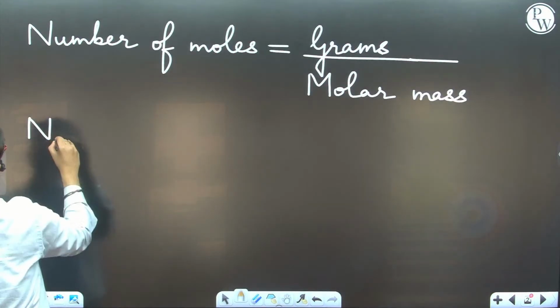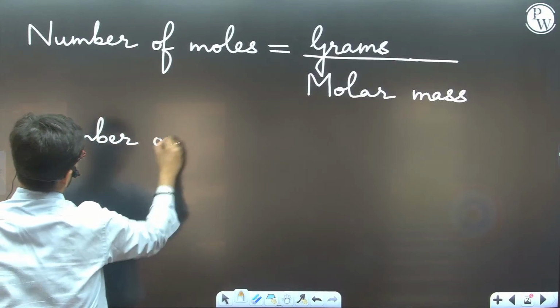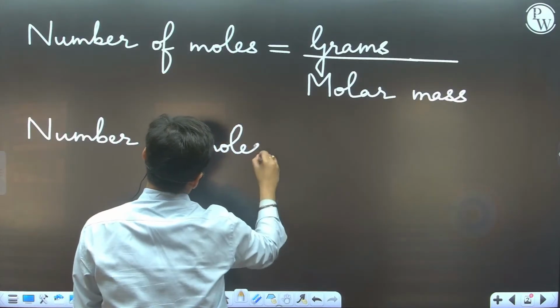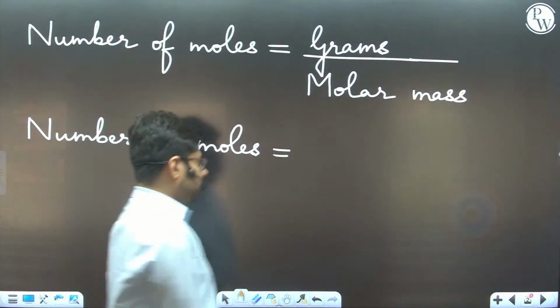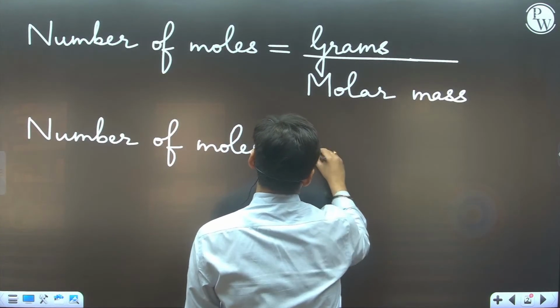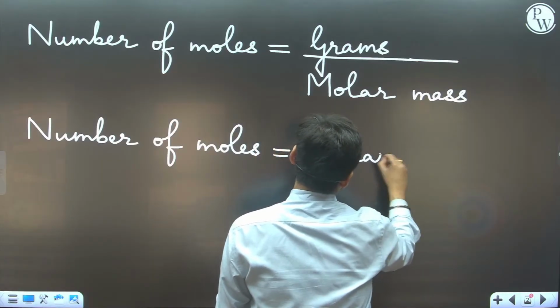Another very important formula for number of moles is this. Number of moles is equal to molarity. So I'm writing in a little different way.